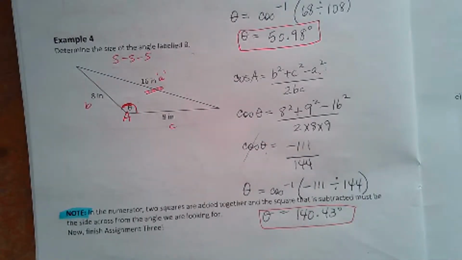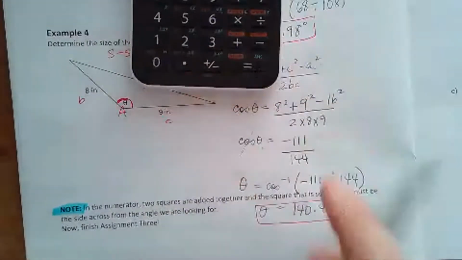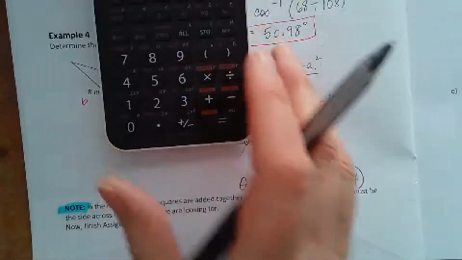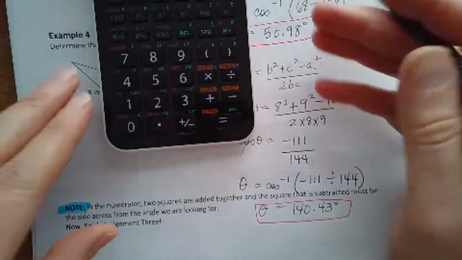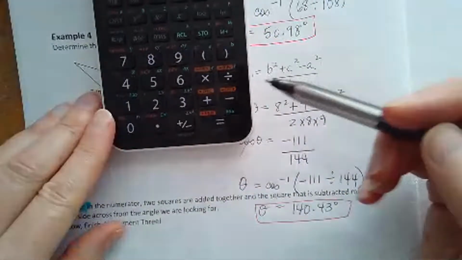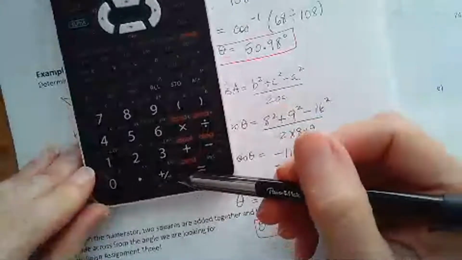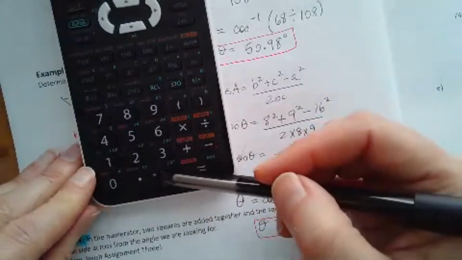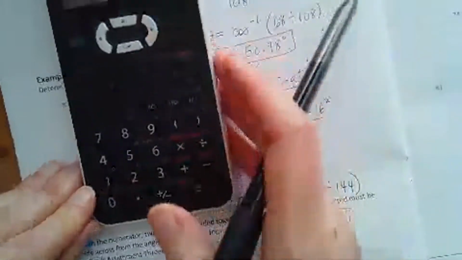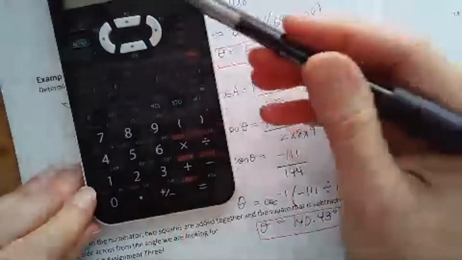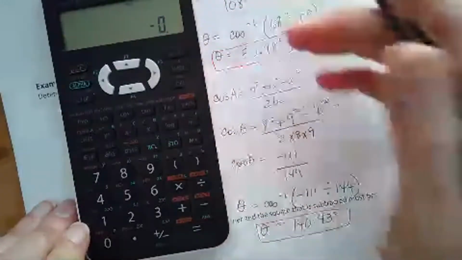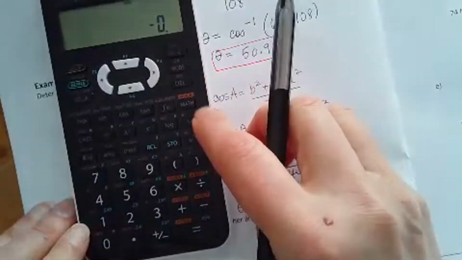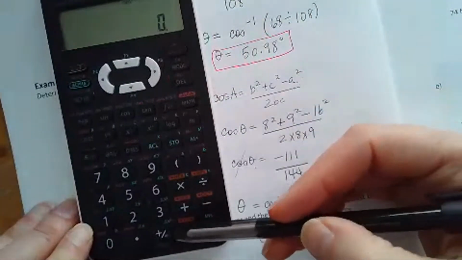Okay, I got a question saying I don't know where my negative button is. It's usually at the bottom of a calculator, and the negative button is not the subtract button. Lots of them are at the bottom and it says plus minus, so if you just press it, it ends up being a negative sign. So look for a plus minus.